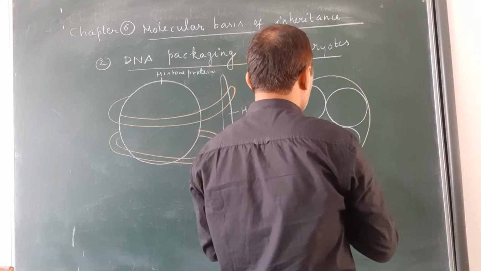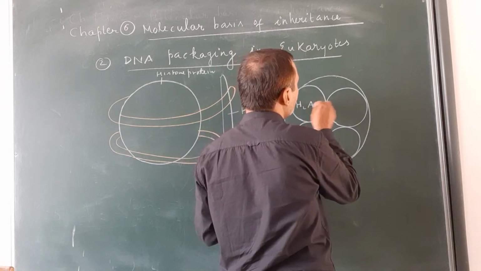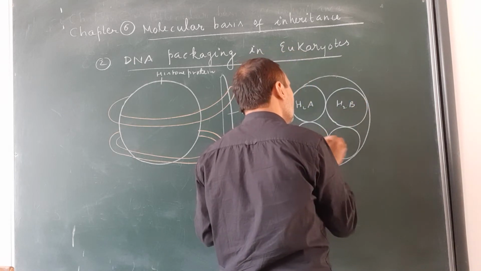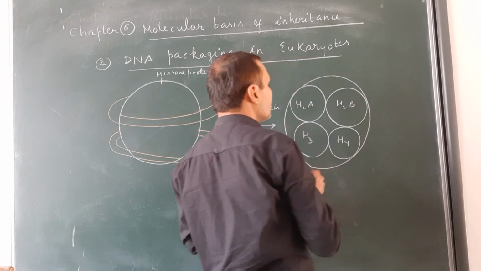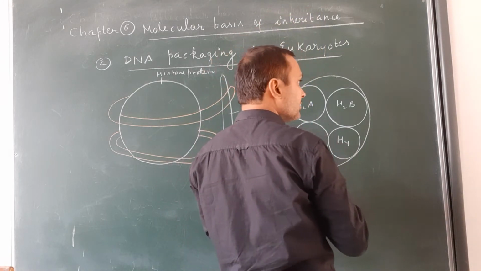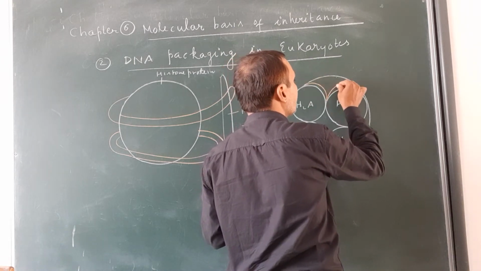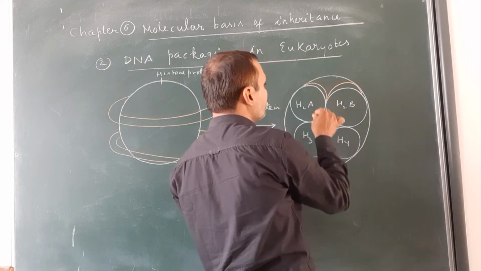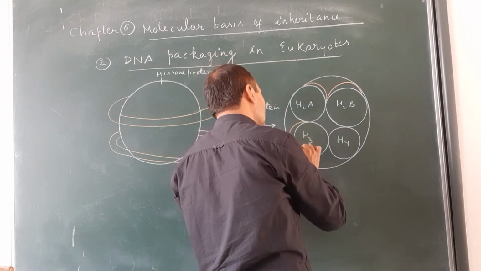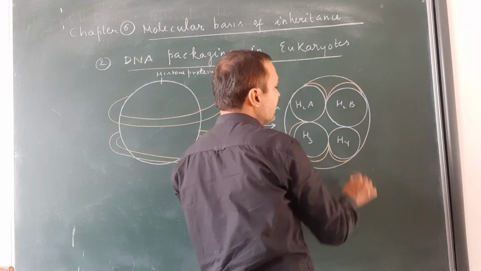They are represented by H2A, H2B, H3 and H4. Total types of subunits are 4, but they are found in 2 in number, so the total is 8. That means 2 subunits of H2A, 2 subunits of H2B, 2 subunits of H3 and 2 subunits of H4, total 8.